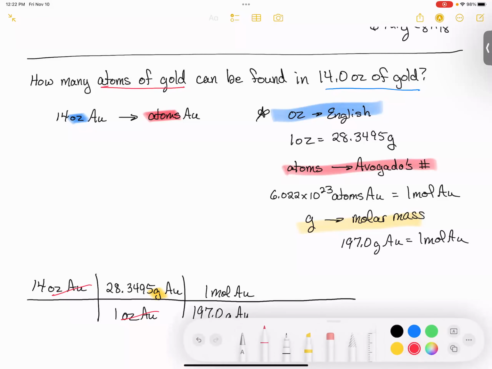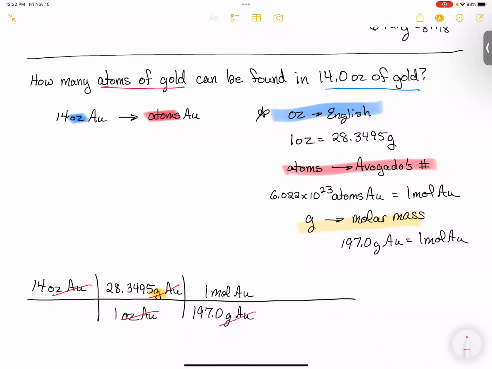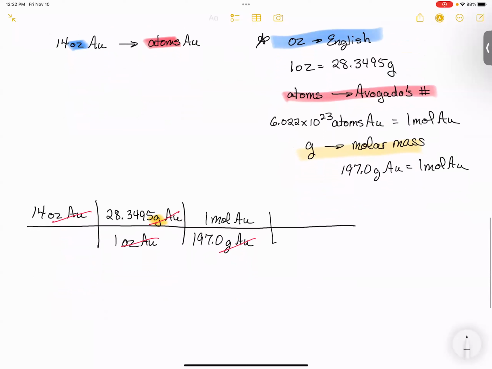I did so that the unit and the substance would cancel, leaving me moles. Now I can use the other conversion factor I had because I do have moles. And so 1 mole of gold is 6.022 times 10 to the 23rd gold atoms.